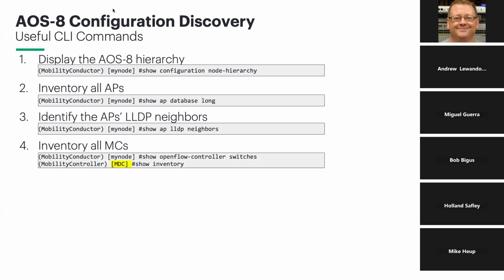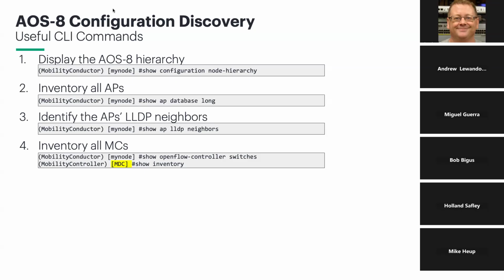Inventory your MCs. Traditionally, to get the MAC address and serial number from a controller, I would issue the show inventory command to each controller.